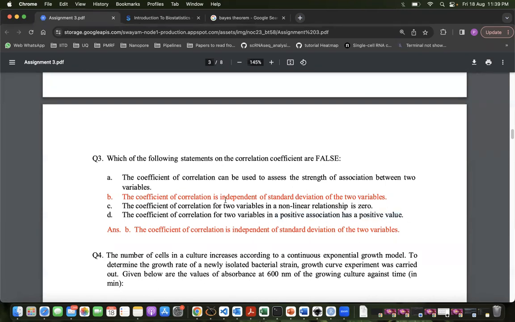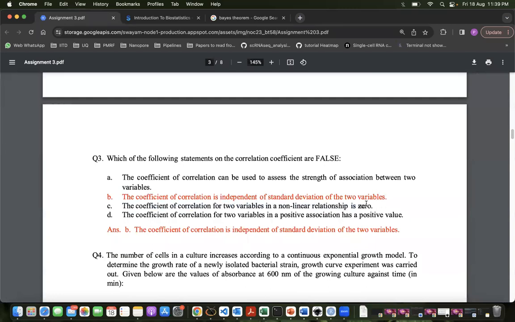So option C is also not incorrect, right? It can be 0. I understand it's not always 0, but it can be 0. Since only one option is correct, this is the obvious correct choice.